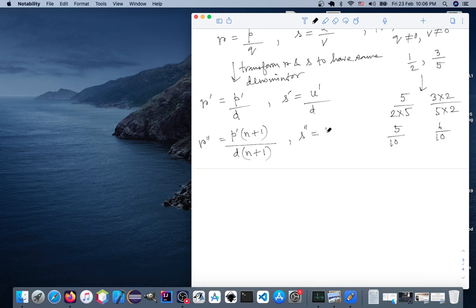Similarly, over here we will have u dash into n plus 1 divided by d into n plus 1. So s double dash is equivalent to s dash, r double dash is equivalent to r dash. Now we have two rational numbers r double dash and s double dash with the same denominator.